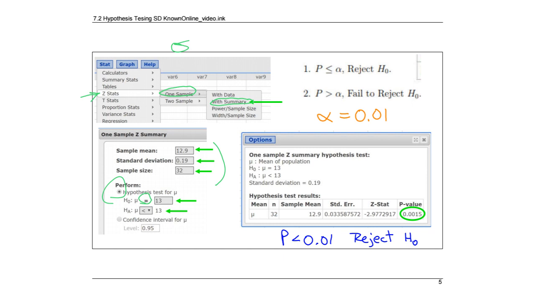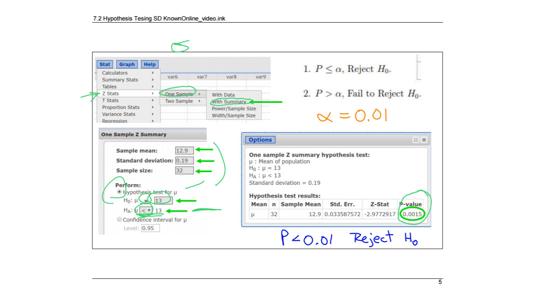I don't know why. So what you have to do is put the alternative in correctly. Our alternative is less than 13. We're going to put the 13 here and the less than here. When we do that, StatCrunch is going to do all the work for us because we asked for a hypothesis test, and it's going to give us the p-value here.